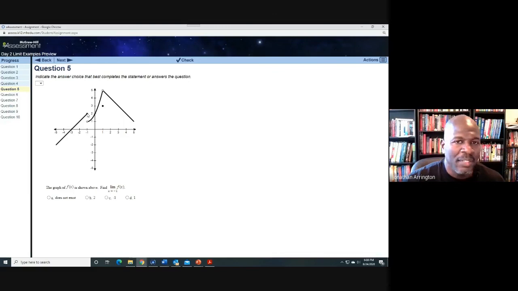And I don't care if I have an open or closed circle at negative 1. A closed circle just means that the function is defined where that closed circle is. An open circle means it's not defined there. But again, the value at c is not what we're concerned with. We're concerned with whether f of x approaches the same finite value from the left and from the right.